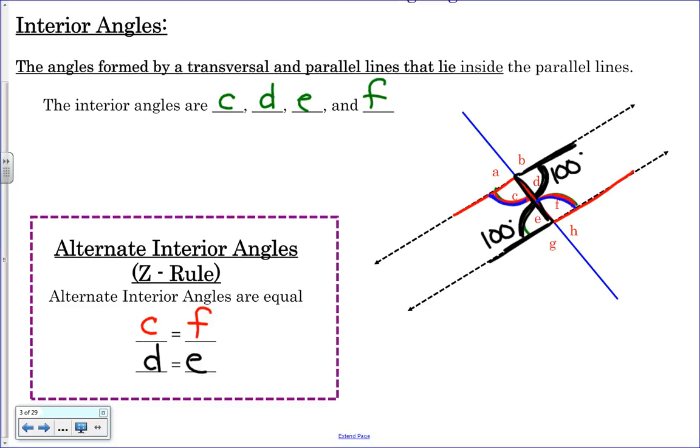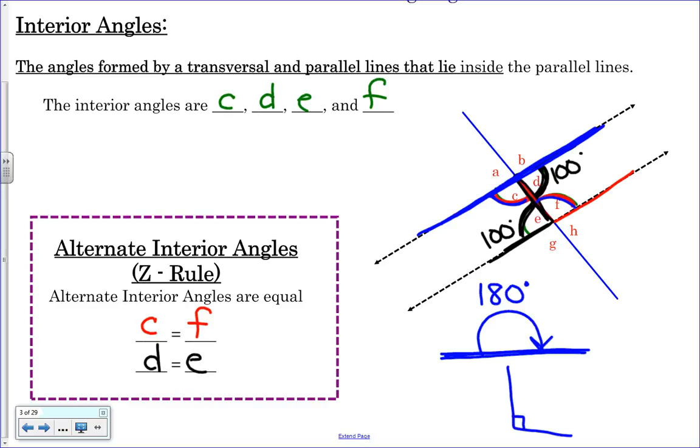What I want you to look at as well is that I have a straight line here. Remember back a long time ago in junior high, you would have learned that the whole angle of a straight line is 180 degrees. Just like if I have a 90-degree angle, all the angles are going to add up to 90. If I have a circle, all the angles are going to add up to 360.